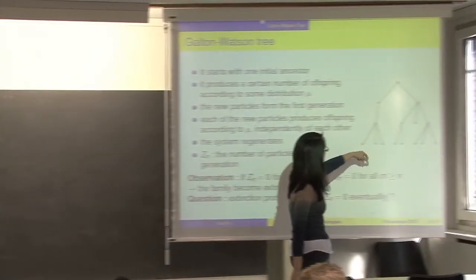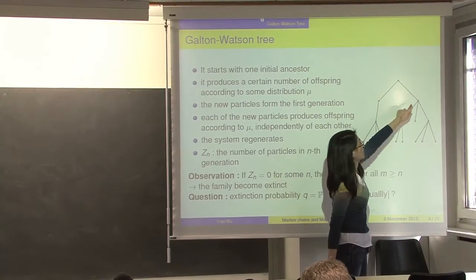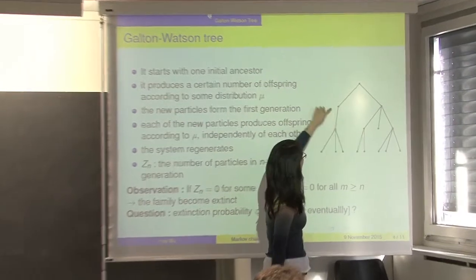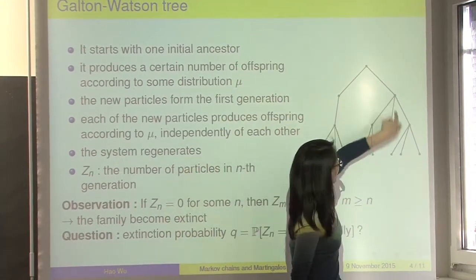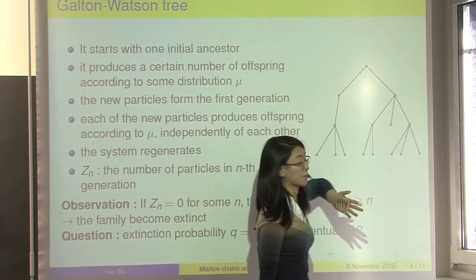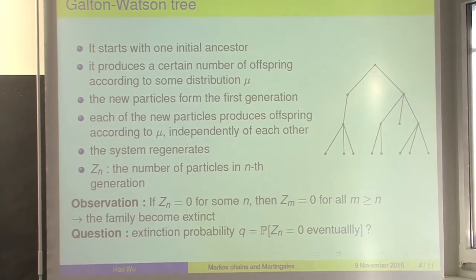So for example, this gives us a Galton-Watson tree. We have one ancestor, and in the first generation, it has 2 children. And then this one has only 1 child. But this one may have 3 with some probability. Okay, so this is a random tree.